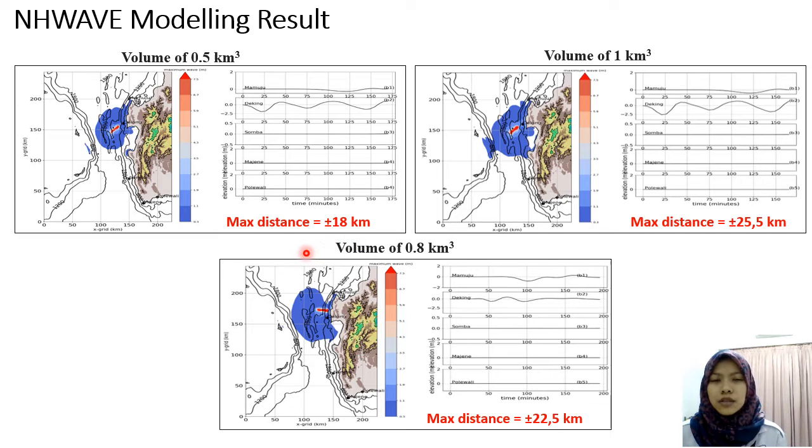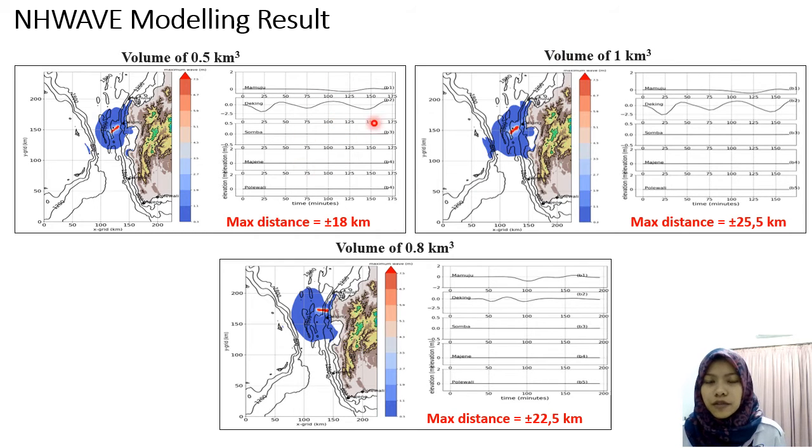If the landslide volume is 0.8 cubic kilometer, the maximum distance would be 22.5 km. And if we use the largest landslide volume, which is 1 cubic kilometer, then the maximum distance is larger than any other scenario, approximately 25.5 km.